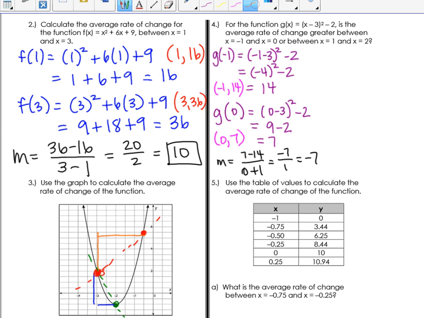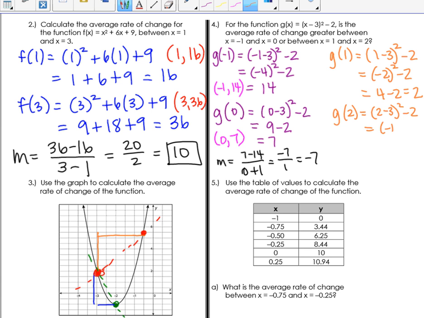If you look at the other set of points, we have g of 1. So (1 minus 3) squared minus 2. That's (-2) squared minus 2. So 4 minus 2 is 2. And then g of 2 is (2 minus 3) squared minus 2.